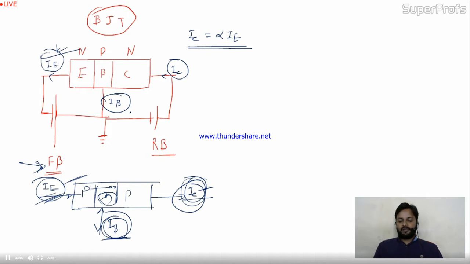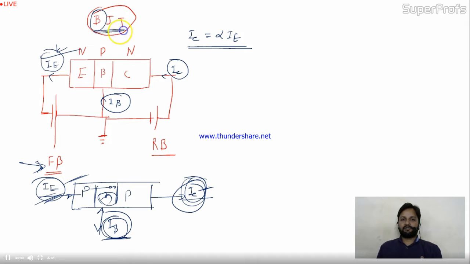So we have seen some problems in which we understand how to solve the BJT problem. There we deal with the BJT circuit only. Similarly in the FET also, we'll learn a little bit about the working of FET, and then we'll switch to the problems.